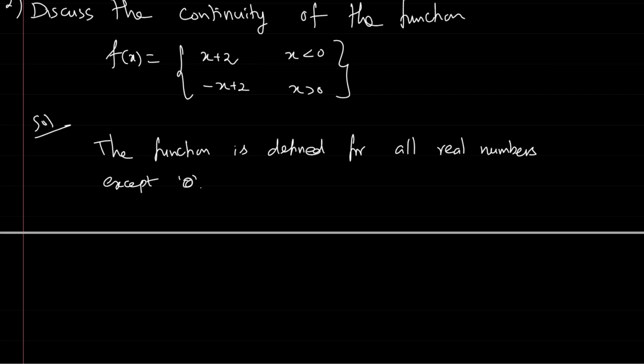Why? The function is defined for x less than 0 and x greater than 0, but there is no x equal to 0 there. Therefore I wrote here the function is defined for all real numbers except 0.